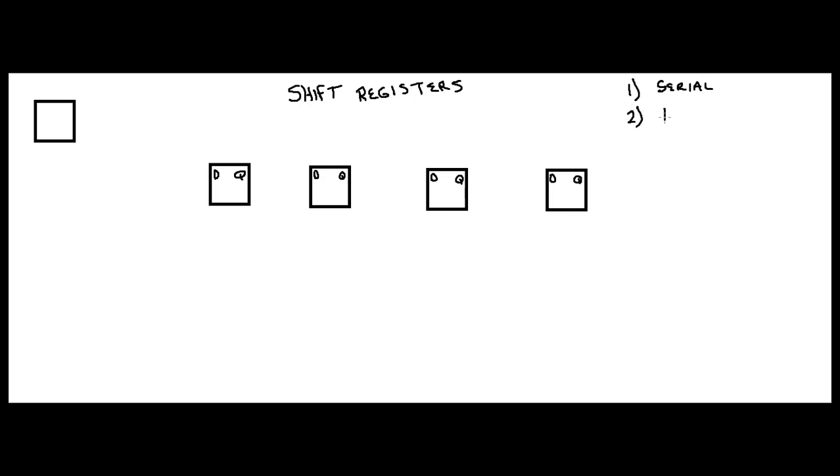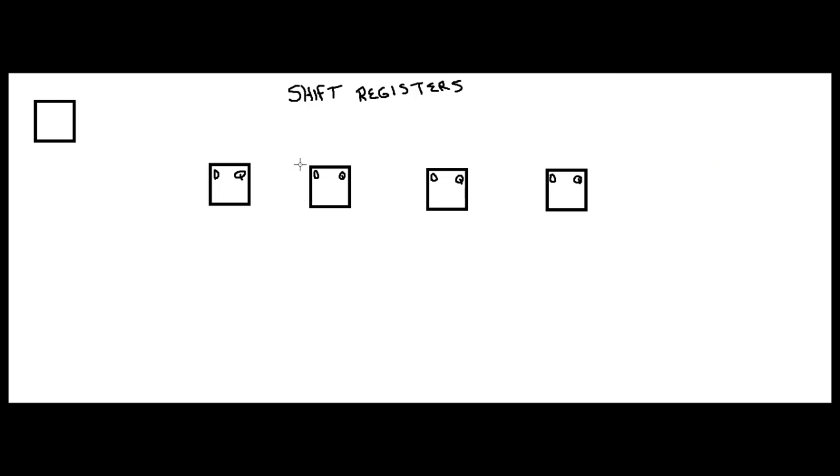Two, we're going to talk about parallel. And third, we're going to talk about rotation. All right? And we're going to do these in order. So to get some space, I'm going to get rid of that for now.